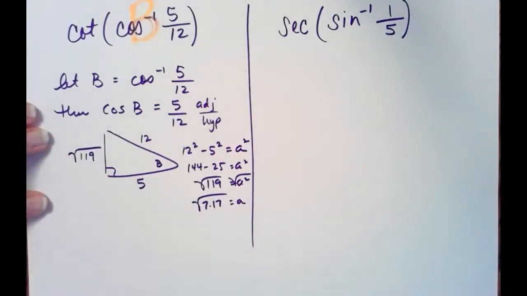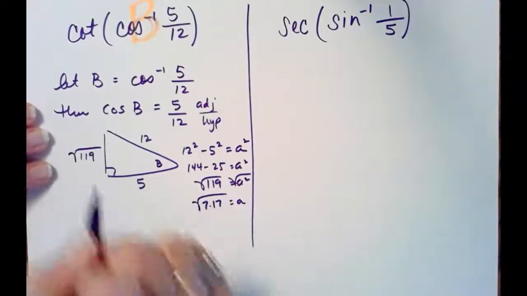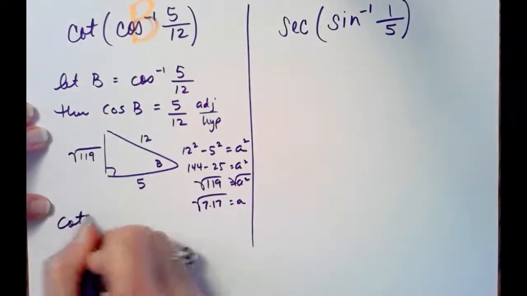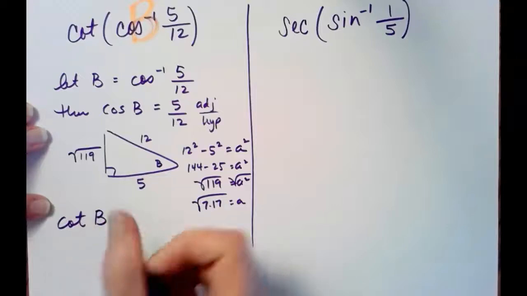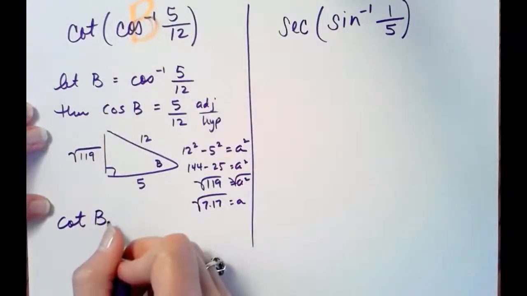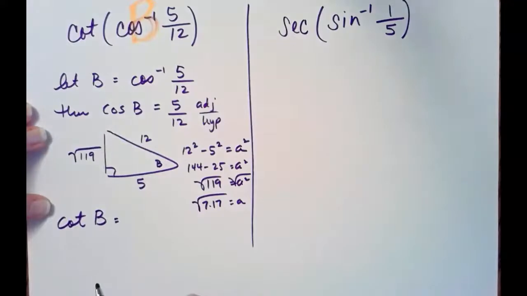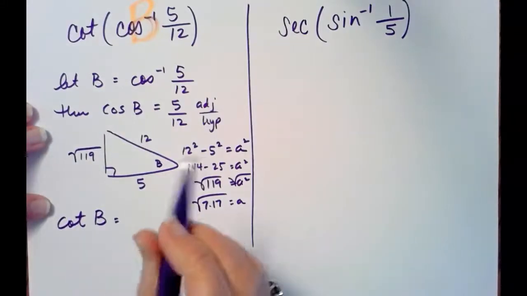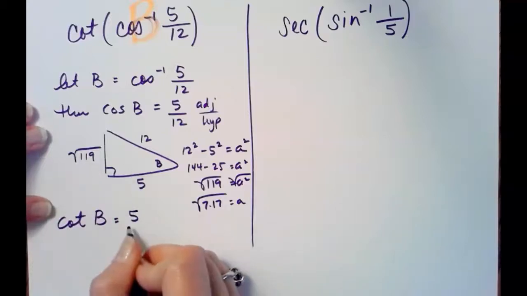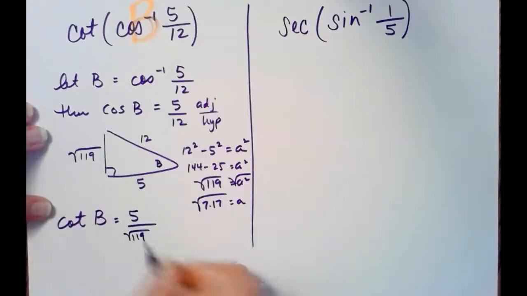119. So if our opposite side is the square root of 119, can I go forth and then find the cotangent of B? Because remember, I let all of that be equal to B. So cotangent B. So tangent is opposite over adjacent. Cotangent is adjacent over opposite. So 5 over root 119.